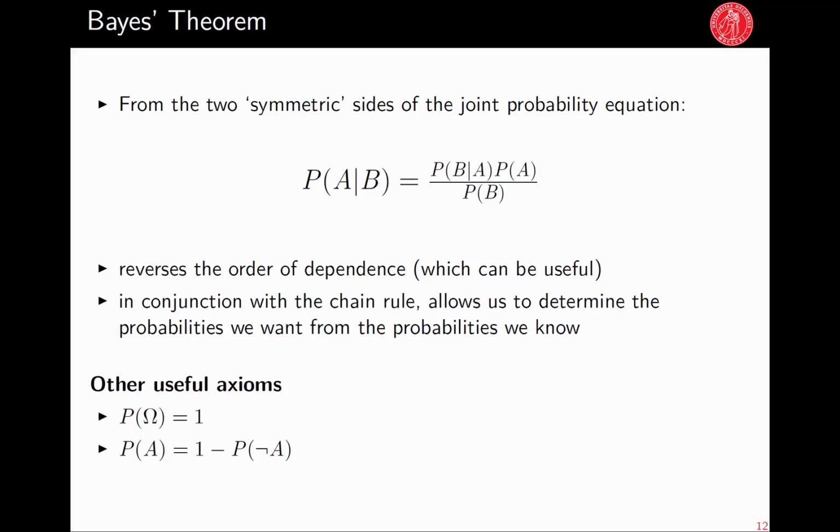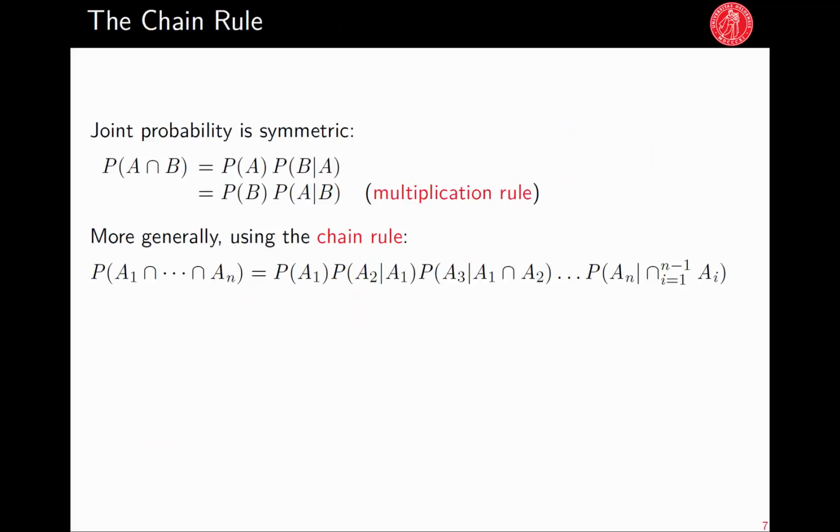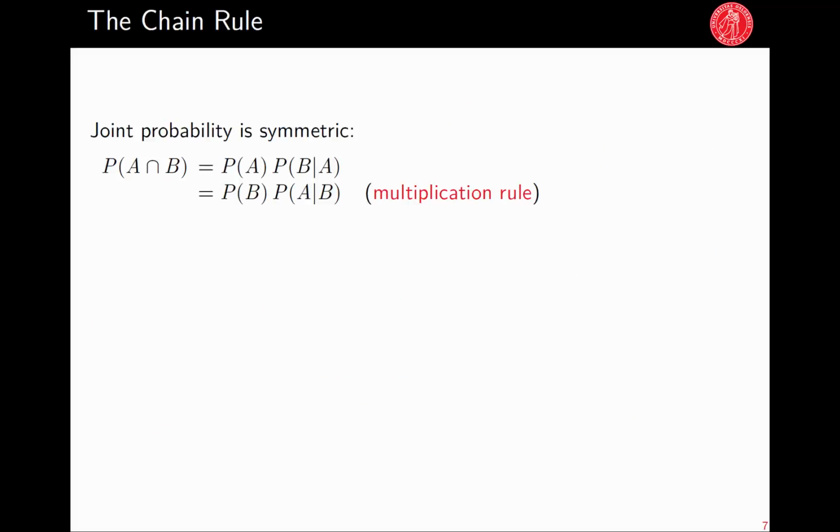Effectively, what we just did could be considered an application of what's known as Bayes' theorem. And Bayes' theorem really is a basic observation from these equations here. So here we broke down the joint probability into either P of A times P of B given A, or the inverse.